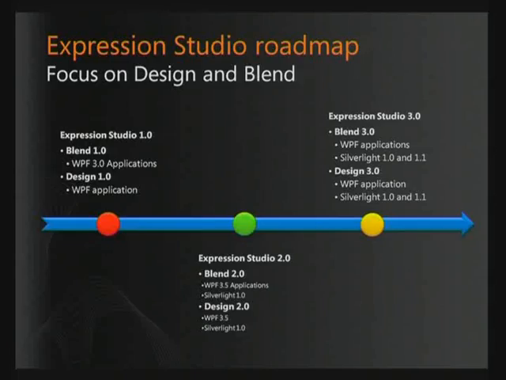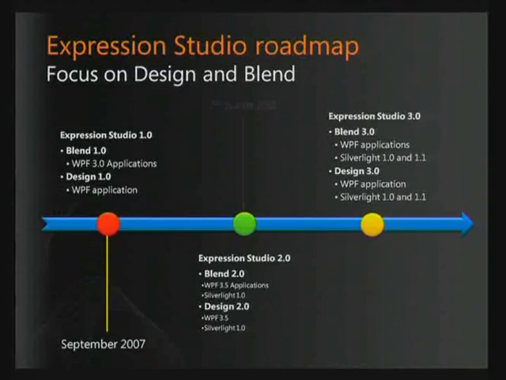So the last slide is about the roadmap. This is my roadmap because we don't really share the roadmap right now. But what I can say is that we have Expression Studio RTM, which was delivered in September.